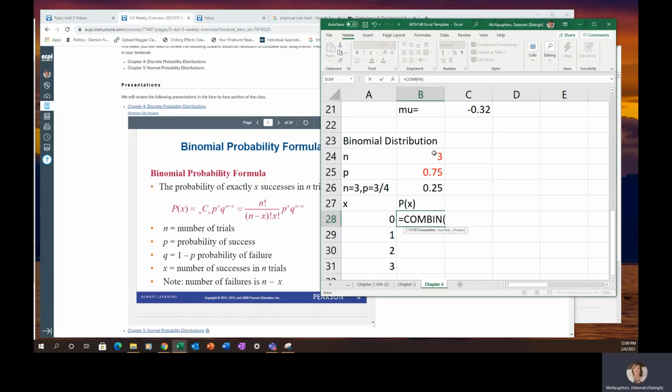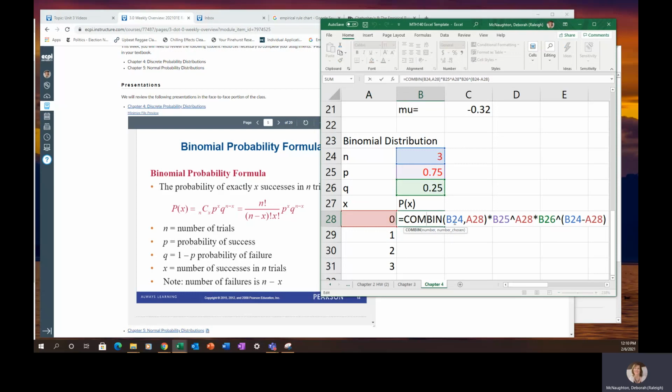And then it's the number 3, the number chosen 0, and then we're going to multiply that times P raised to the X times Q raised to the N minus X. That should have said Q. Okay, so if we put in our NPQ, and this is again how we do this using the formula here.